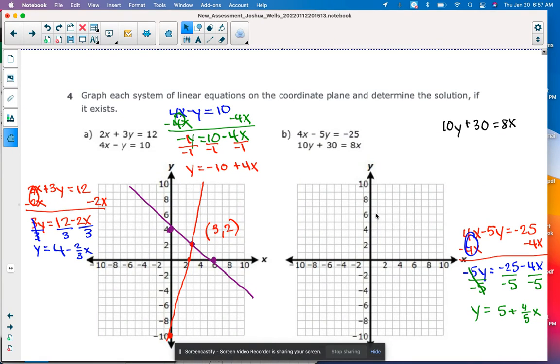So again, like I was saying, 10y plus 30 equals 8x. We need to subtract the 30 from both sides because that term is on the wrong side. 10y equals 8x minus 30. And then we are going to divide by 10.